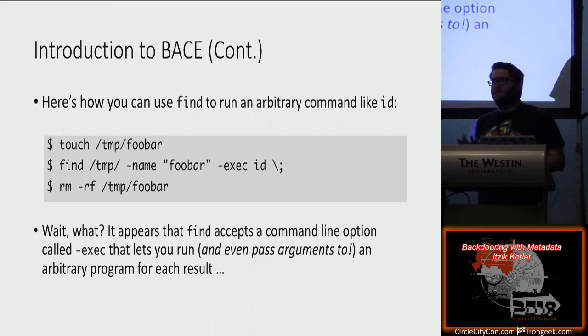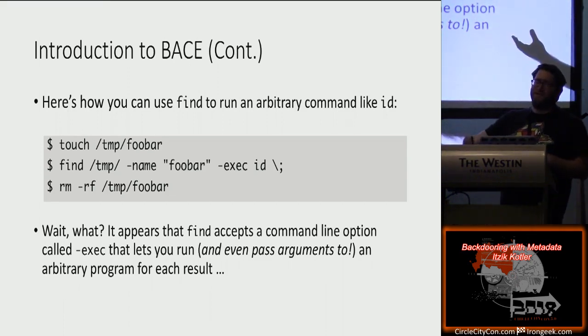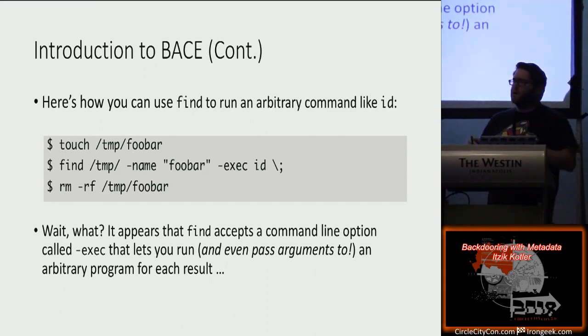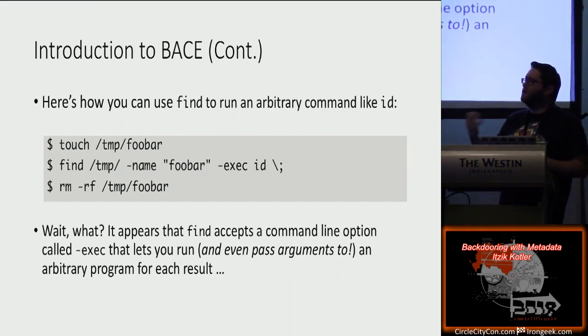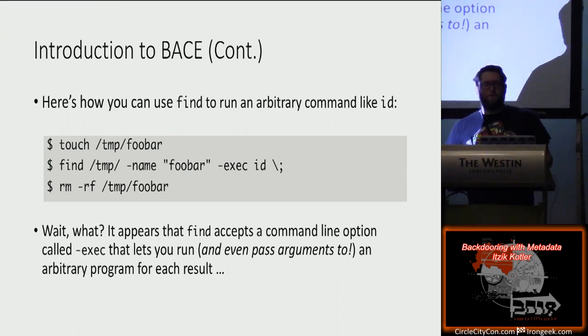As you can imagine, this could be very useful from an IT administration point of view, where you want to search for files and then change their name, change their permission, delete them. You can basically associate an action with each item. But is that all you can really do?